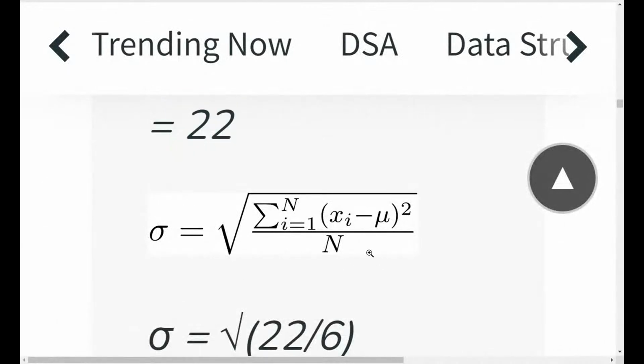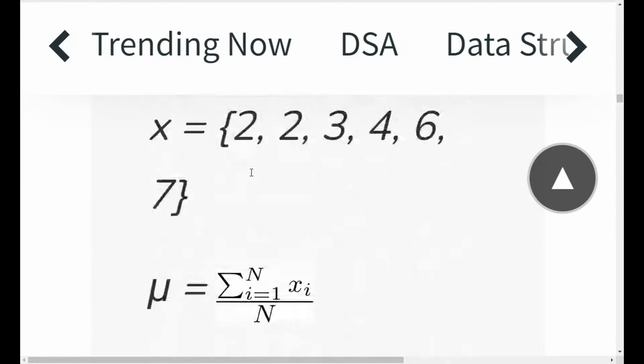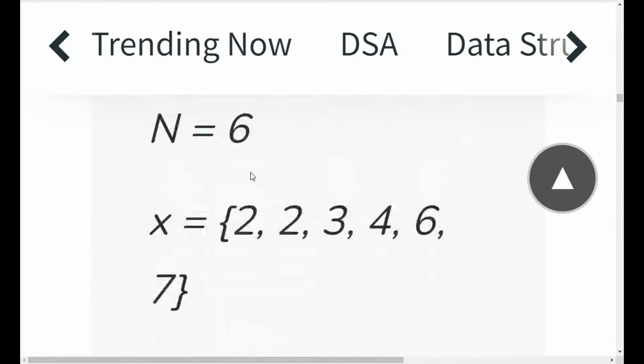This will be my full formula. The numerator value is ready. We need to know what the denominator value is. The N value is 6.